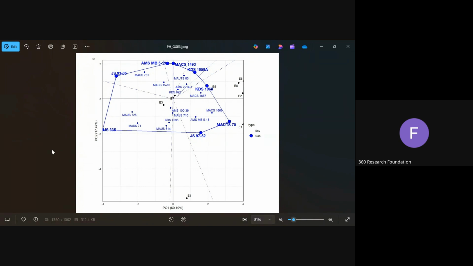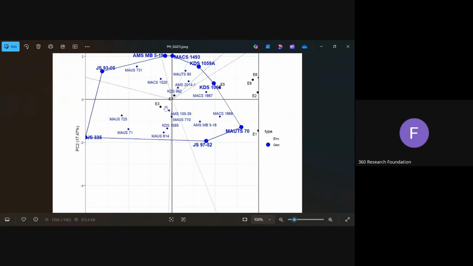And if you can see 725, 71, 614. Here you can see these environments are out of the polygon. We'll come to that, but first see: genotypes are inside the polygon, but environments are not there except E7 only, no?